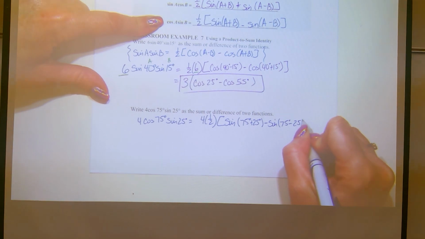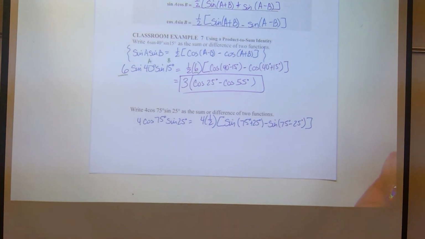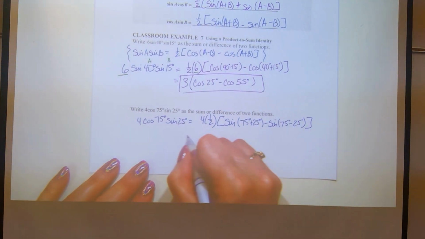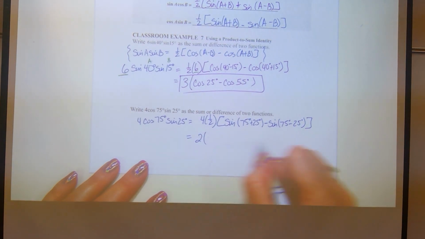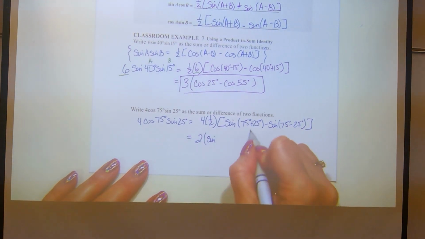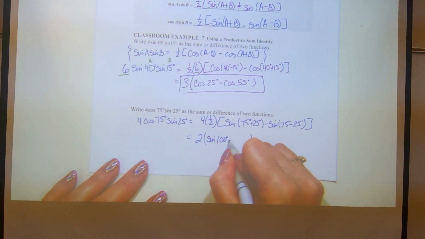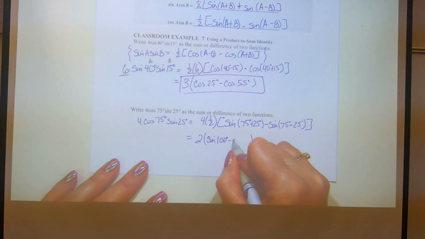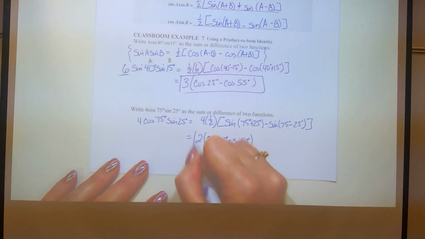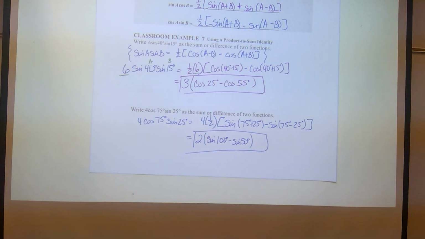And order matters. Make sure you put angle A first and angle B second. Half of 4 is 2. Sine of the sum is sine of 100 degrees, minus sine of the difference is sine of 50 degrees. And because neither one is a special angle, we're done.